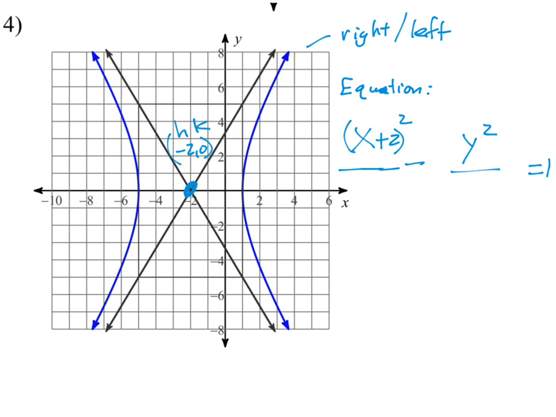And now you have to find your a and b distance. Your a distance is how far it is from your center to a vertex on either side, which comes out to be 3. And so this number that goes underneath here is that number squared, because it's a squared. So we're looking at 3 squared down here, which is going to be 9. And then here you have to get your b squared, and for your b, you have to look at your asymptote slope here, and you can draw a little box and figure out the distance from there to there.